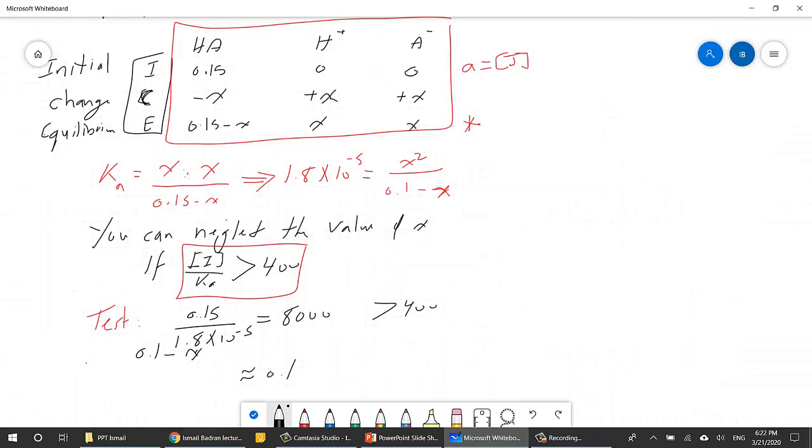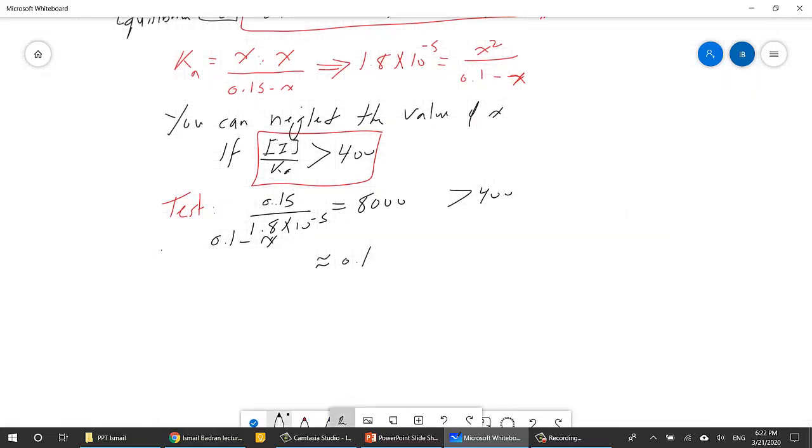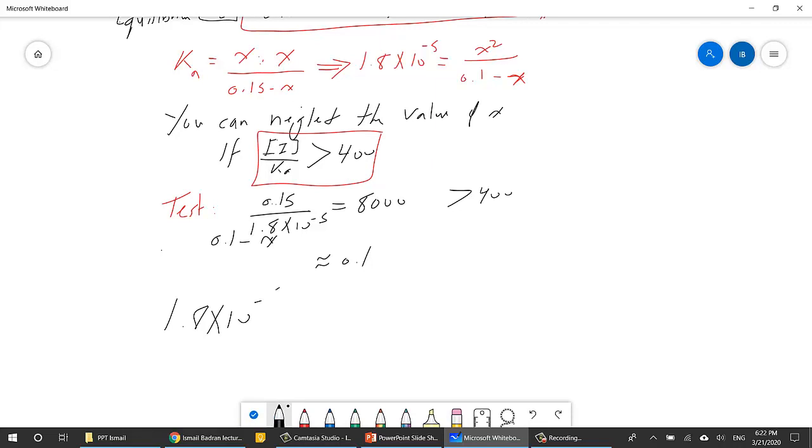Okay, so we continue then. We said that 1.8 times 10 to the minus 5 is equal to X squared divided by 0.1. Now that's easy to solve. If you cross multiply, you will get that X squared is equal to 1.8 times 10 to the minus 4.